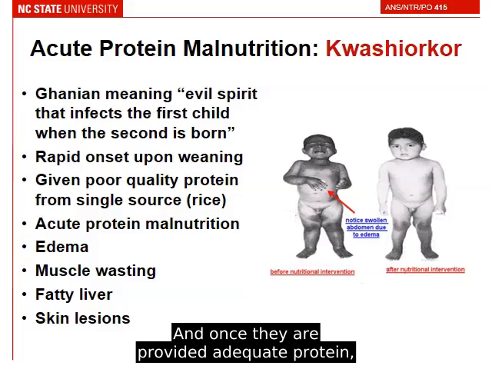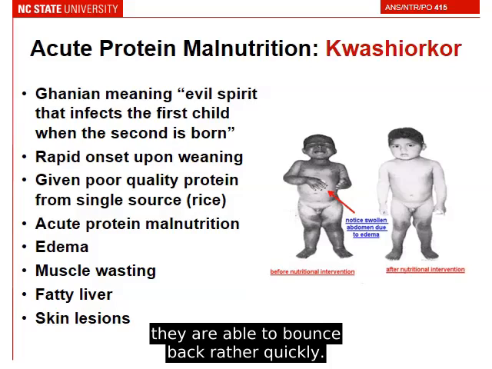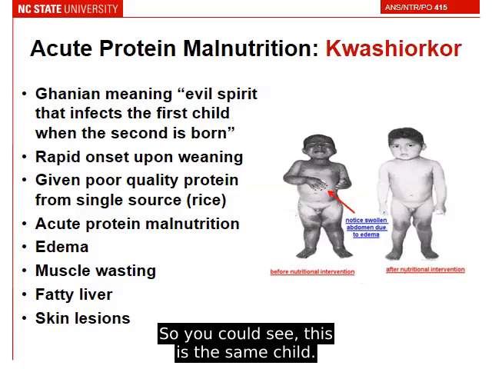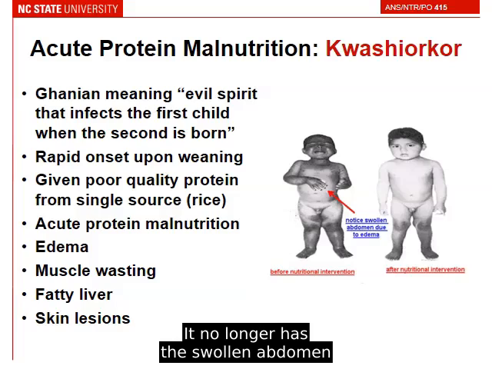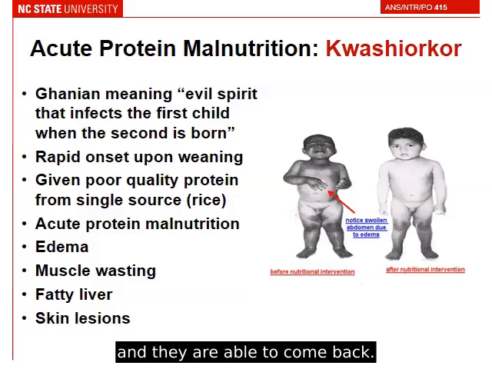Once they are provided adequate protein, they are able to bounce back rather quickly. So you can see this is the same child. They no longer have a swollen abdomen, and they are able to come back.